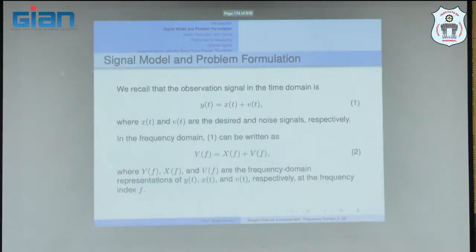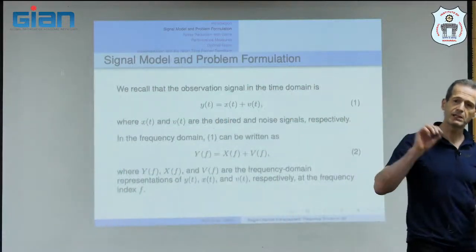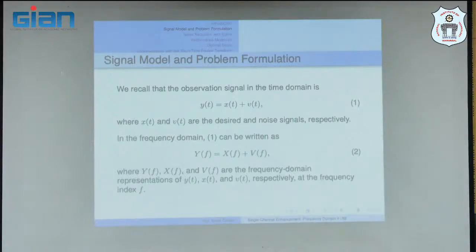Okay. So we start in the time domain. This is the model, just like we had in the time domain, but instead of working in the time domain, we transform the signals to the frequency domain, and then we have this problem: Y(f) equals X(f) plus V(f). As we said, we want to simplify the filtering as much as possible, which means we want to estimate X from Y alone.